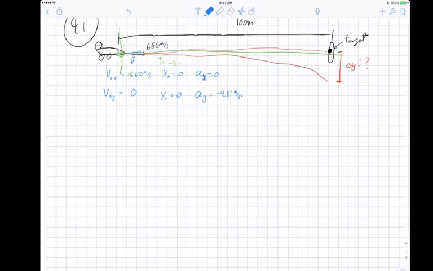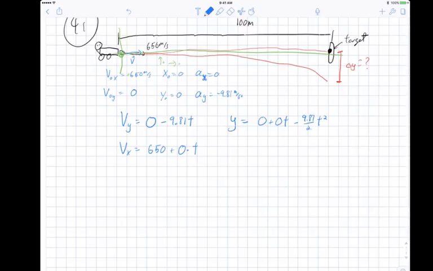Vy is equal to 0 minus 9.81 times t. Vx is equal to 650 plus 0 times t. Y is equal to 0 plus 0t minus 9.81 over 2 t squared.